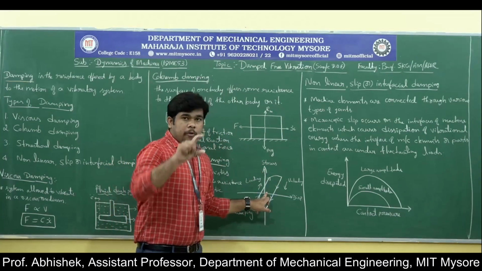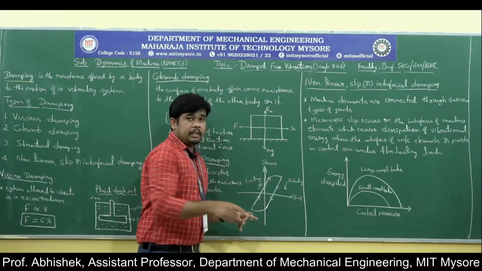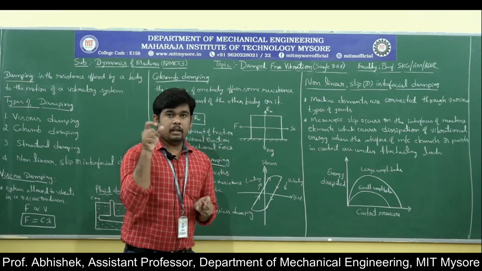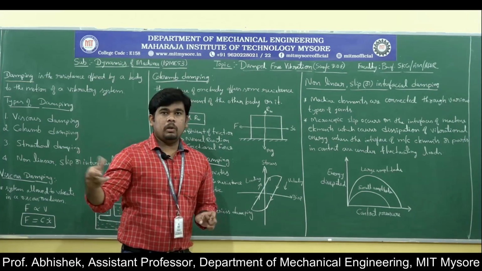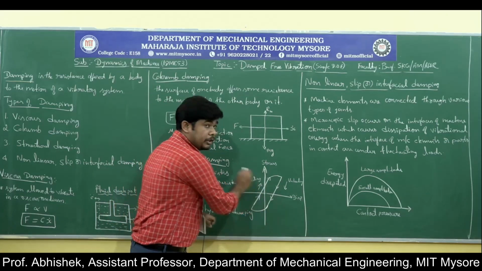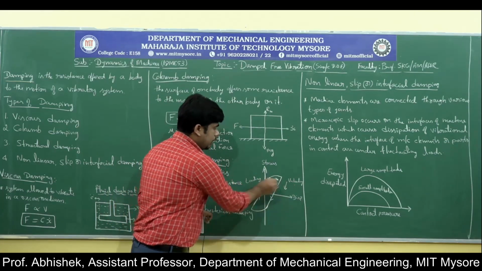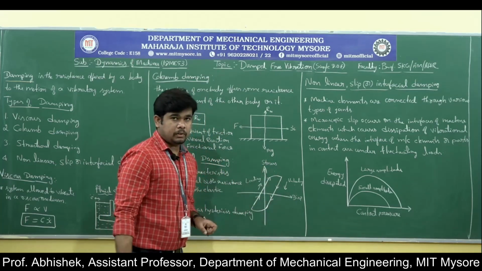So this loop represents one cycle of that elastic body. Means apply the load, then remove the load, it will regain its original size and shape. So that is what is shown here, unloading and loading with respect to the displacement and the stress.